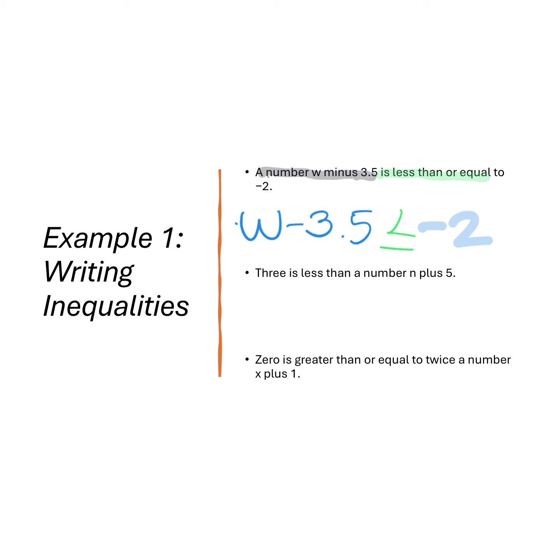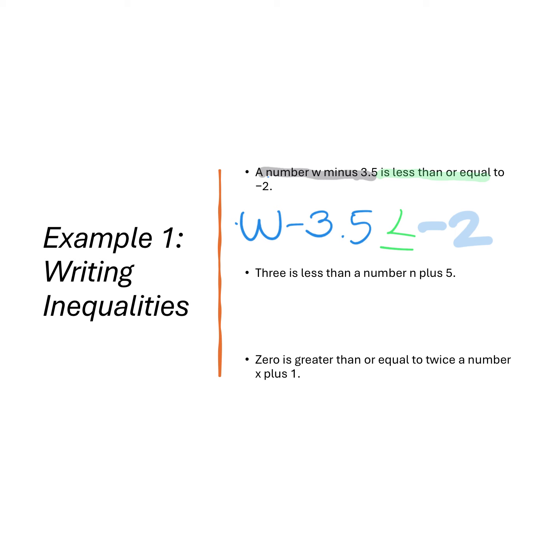Who wants to help out on the second one? Who wants to tell me what it is? What should I highlight on the second one? Anyone? Plus 5 will be what? A number n plus 5. That will be together, correct?